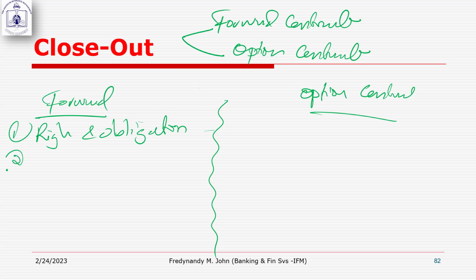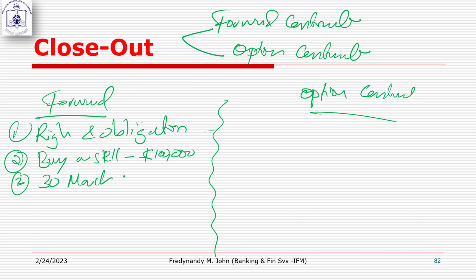Right and obligation to buy or to sell a specified amount of foreign currency, let's say 100,000 USD on maturity. Let's say the maturity is 30th of March 2023 at a specified rate, called forward rate.